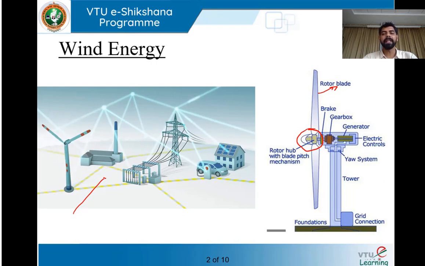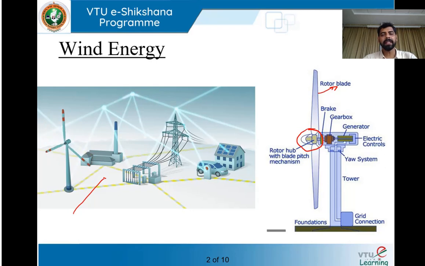Since the rotor blade is fixed over a rotor hub, the hub rotates. As the hub is mounted over a shaft, the shaft rotates. That means the kinetic energy possessed by the wind is now being converted into rotary motion of the shaft, which is nothing but our mechanical energy.